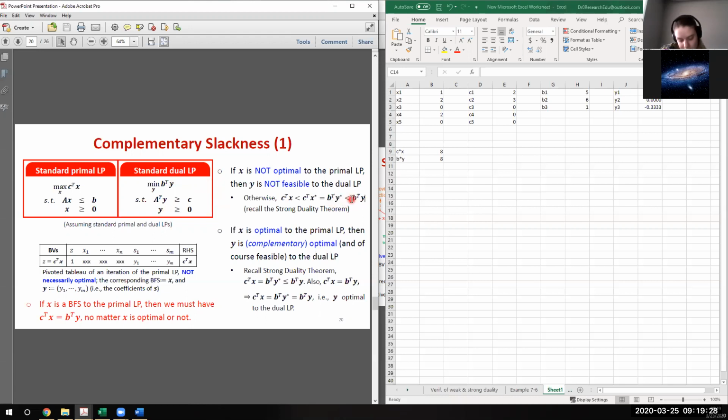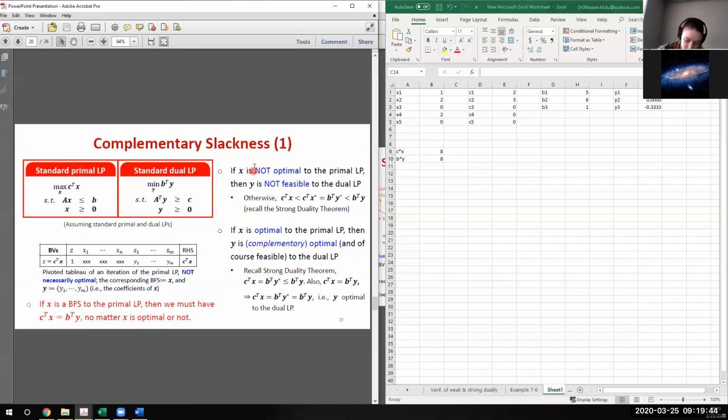Then this tells you that c^T X is less than b^T Y, which contradicts the condition that c^T X should be equal to b^T Y.